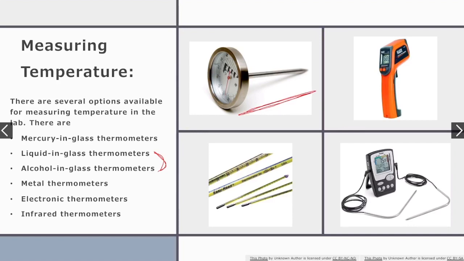Then we also have electronic thermometers. These are either hooked up to a computer or some smaller device. They have those little metal temperature probes. And then another type of thermometer that we could potentially use is an infrared thermometer. This just measures infrared radiation that's being radiated by something.